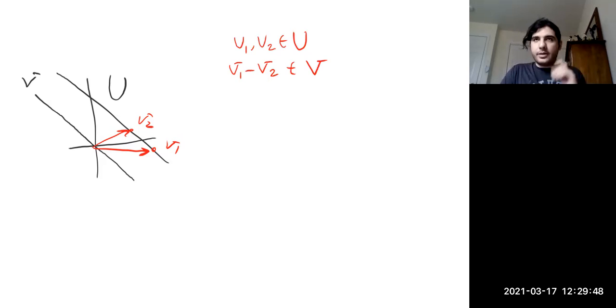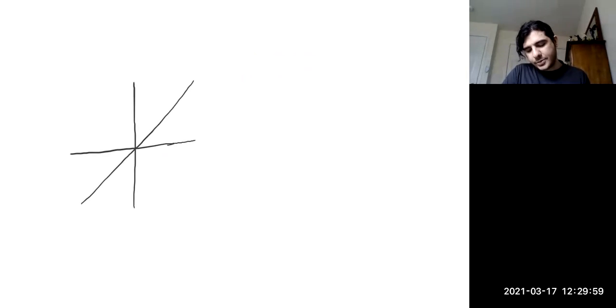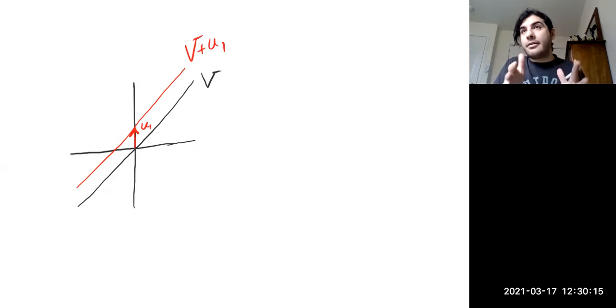So that's one thing. The other thing I want to talk about is that we can go the other way. We can start with a vector subspace. Let's say V is a vector subspace here, and we can start to move V around. I can add different vectors to V. I can look at V plus U1, and I would get this red affine space.